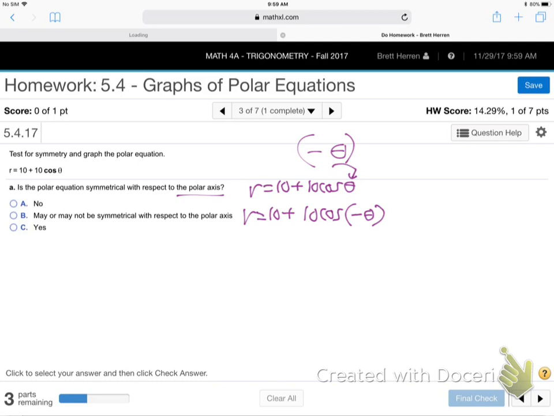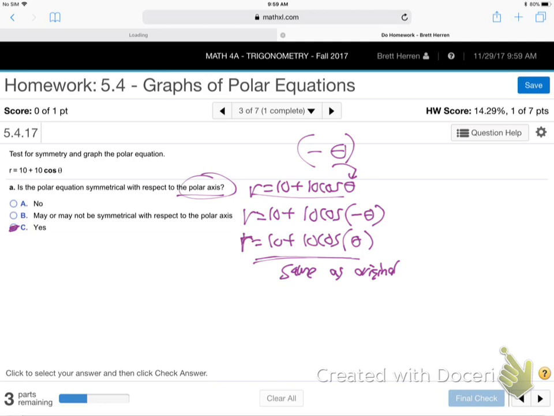Poof, gone, because cosine's an even function. So it just becomes right there. Is that the same as the original? Absolutely. Here's the original, here's this. They're identical twins. So this graph is going to be the same above and below the x-axis, the polar axis. Whatever happens on the top of the x-axis will be identical on the bottom.